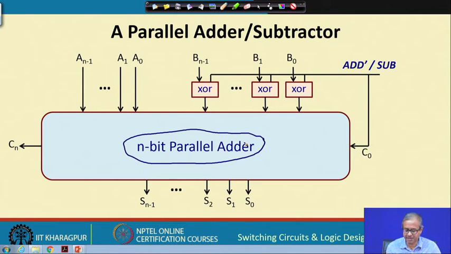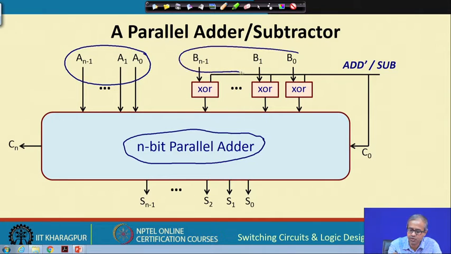This can be any kind of adder, let us say a ripple carry adder, since we have seen only one kind of adder so far. The first input A we apply to this adder. The second input is B, but we are not applying B directly. There are some exclusive OR gates.